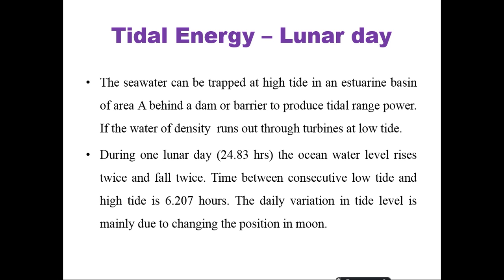The time between consecutive low tide and high tide is 6.207 hours. Specifically, the daily variation in tide level is mainly due to the changing position of the moon.